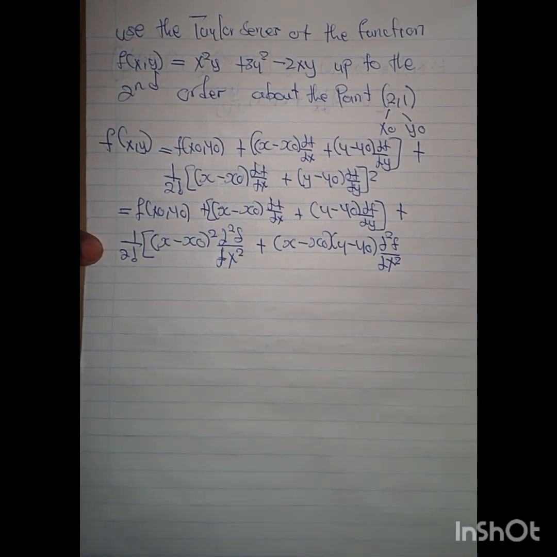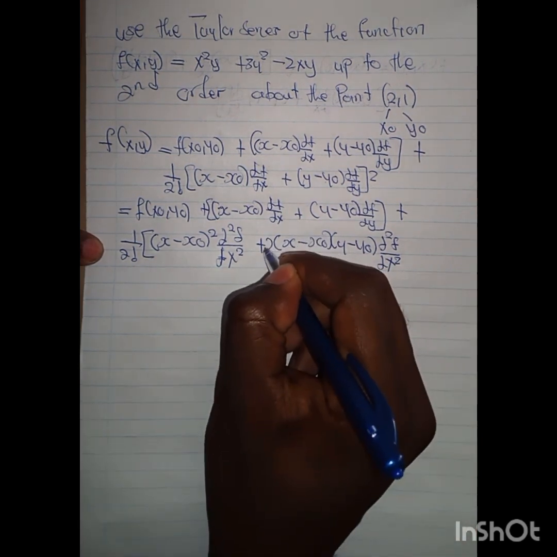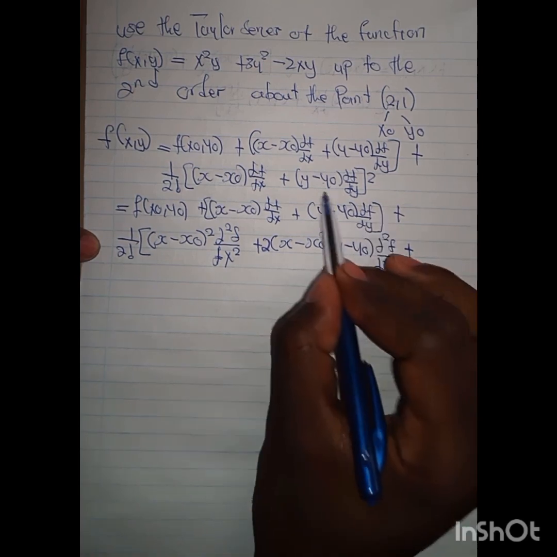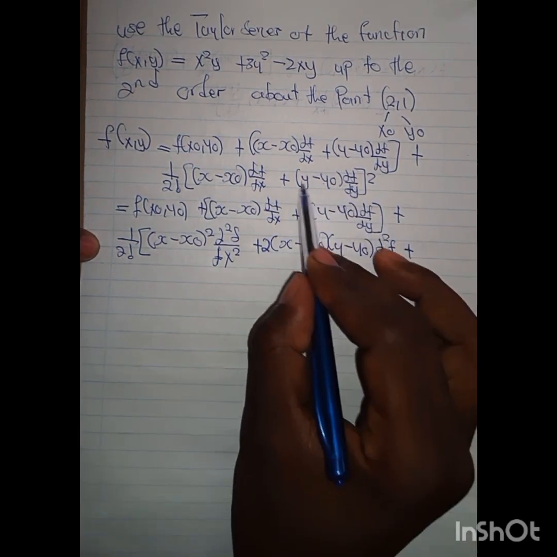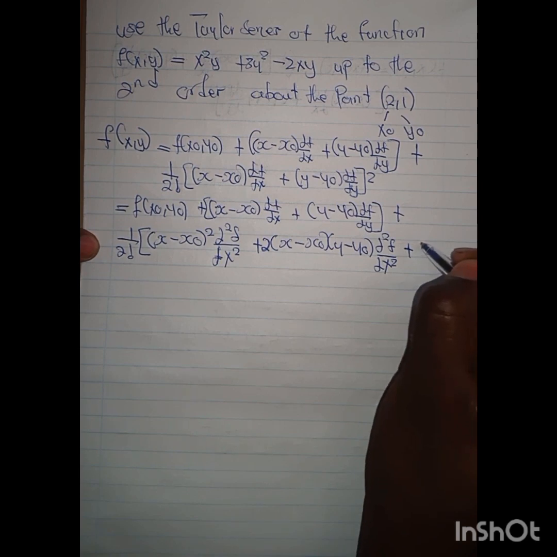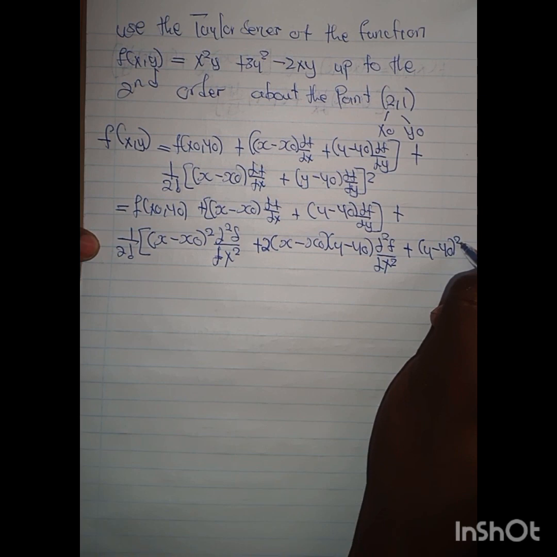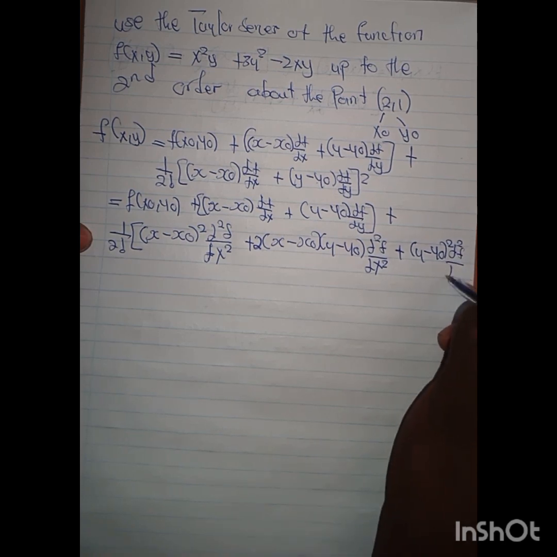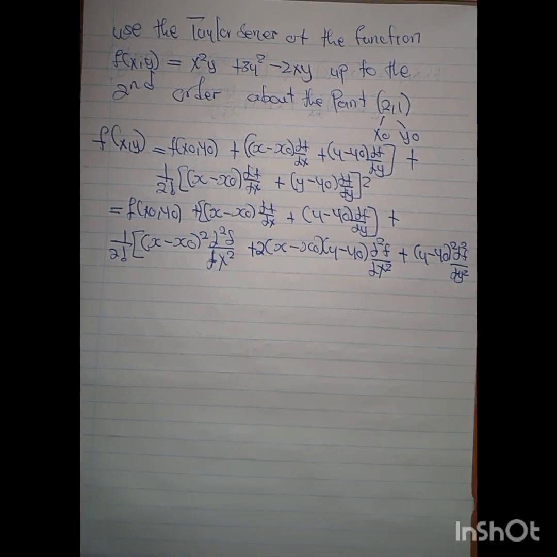Then it means here we must have 2, then plus y minus y naught multiplied by y minus y naught, and finally we will get y minus y naught squared. Then the derivative of f with respect to y should also be squared because we multiply by the same term, then d squared f over dy squared. So this is all we need to know before we can solve this problem.